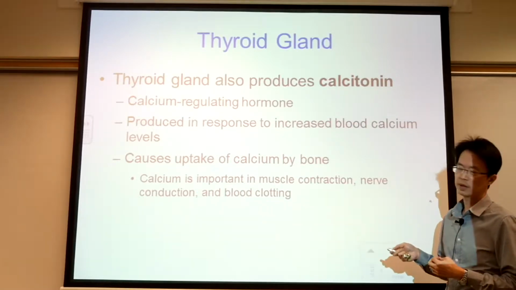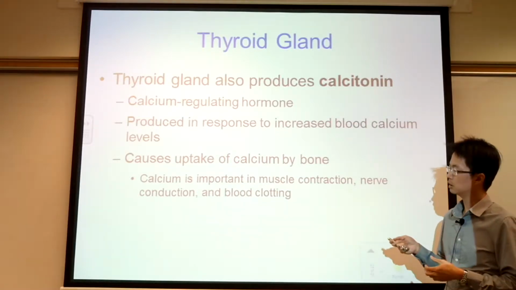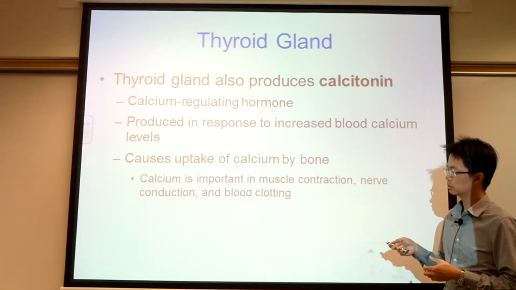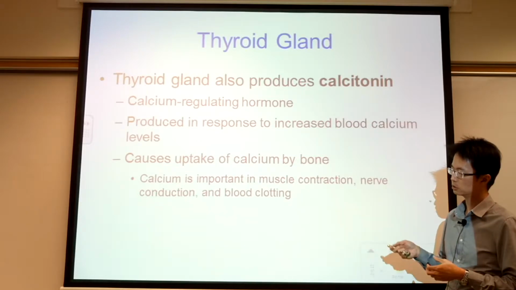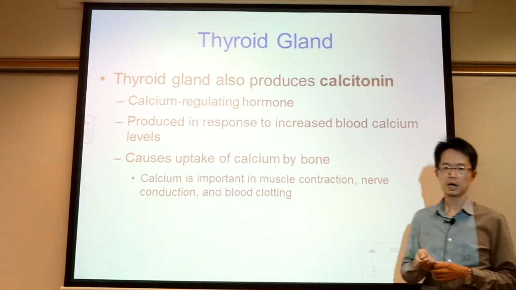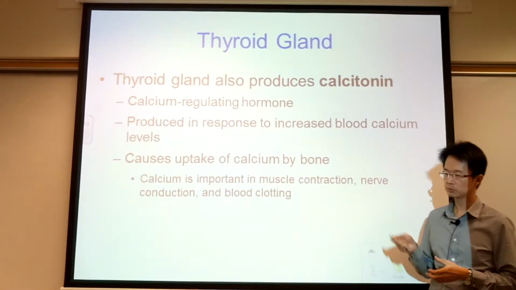Calcium is important in many aspects other than bone: muscle contraction, nerve conduction, or I'll say the action potential, and also blood clotting. And I want to emphasize this point.